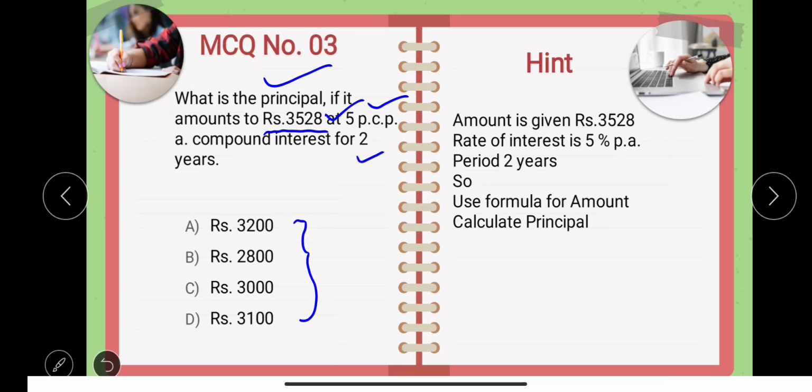In the bracket, what is the value? 1 plus 5 divided by 100 means 1.05, bracket raised to 2, because the number of years is 2. Calculate 1.05 raised to 2 directly on the calculator.